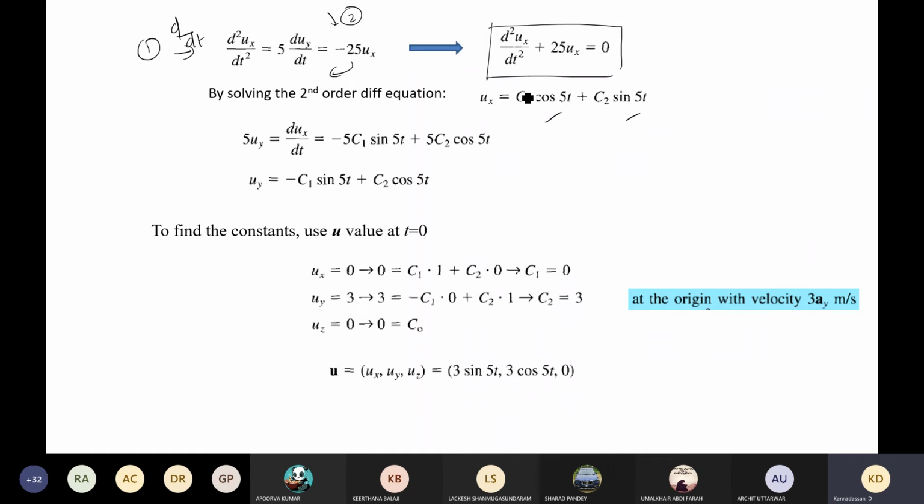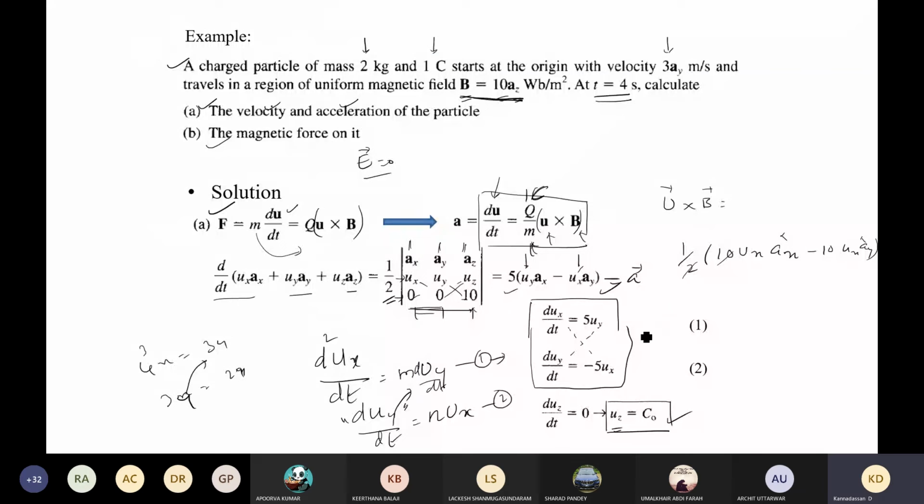So you can easily put a constant and then cos of root of this magnitude, which is nothing but m square, so you can write mt. And similarly sine mt, here it is C2. So that is the solution for ux. Now, how to calculate this uy?